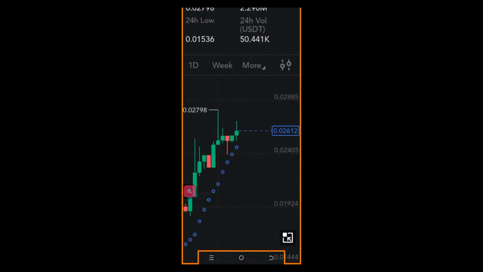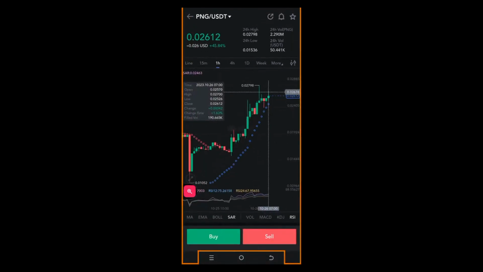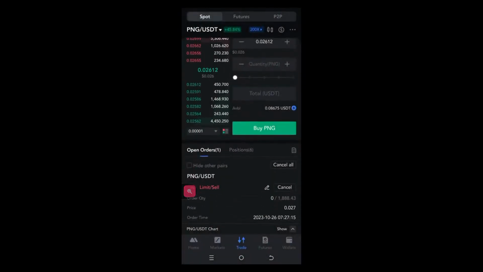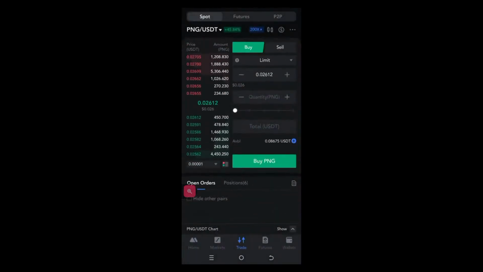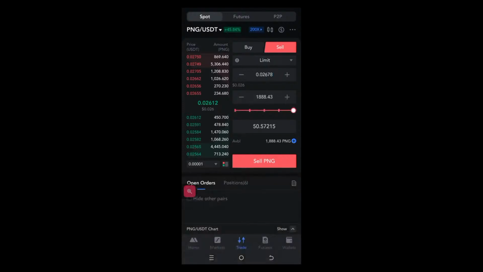Let me see where it went to. It actually went to 2.678. Let me check what that is. If I put 2.678, I cancel it out and see what that would give us. 2.678, and let's see, 57 cents.